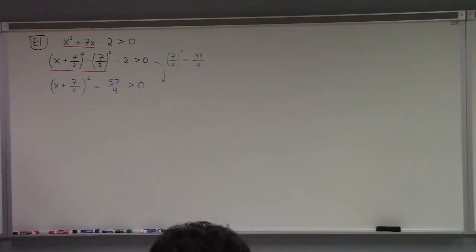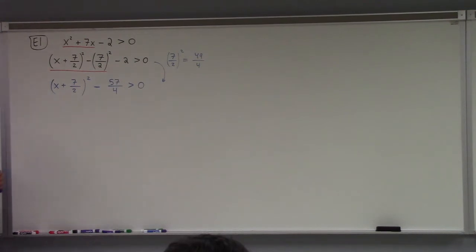When I use 49 over 4 plus 2, it gives me back 57 over 4, right? Or I could do parentheses, 7 divided by 2, close parentheses, square that thing, add 2, and I still get 57 over 4. If your calculator can't do those things, and you also can't do those things, you probably need to get a different calculator, right? I like this one, the Casio FX-115. Of course, other people like the TI-30, something like that.